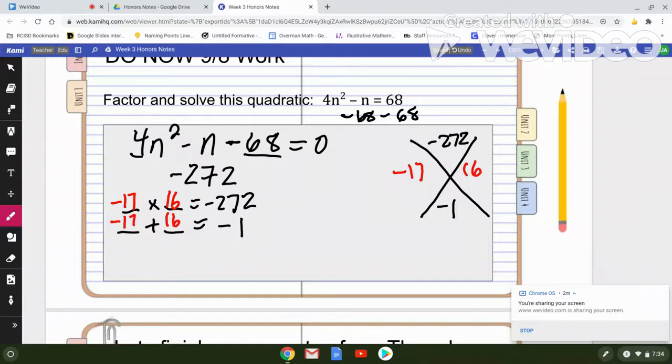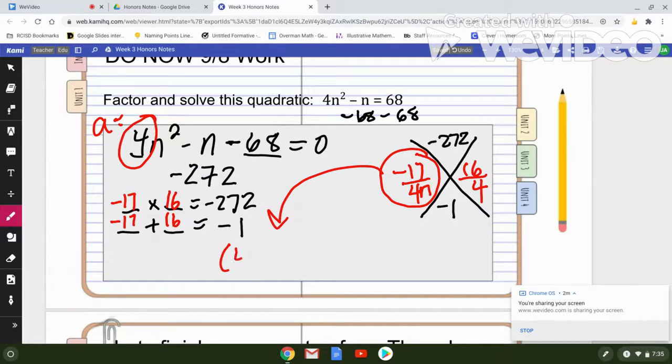Now, the one thing that you're supposed to do next is, because the a is equal to 4 and it's not equal to 1, we take that a and we divide both of these fractions by 4. This first fraction doesn't reduce. The bottom number gets the variable, which is n. So the way we write our factor from this is 4n minus 17.